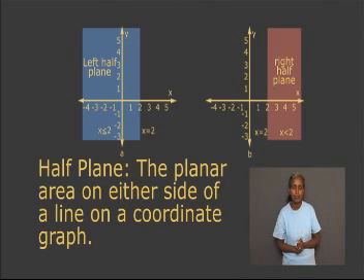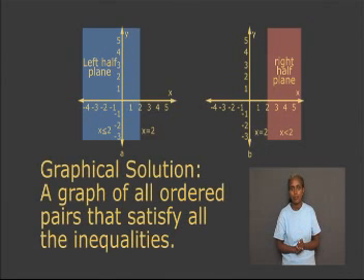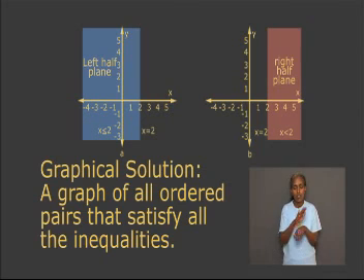A system of linear inequalities is a collection of 2 or more linear inequalities to be solved simultaneously. A graphical solution of a system of linear inequalities is the graph of all ordered pairs that satisfy all the inequalities.